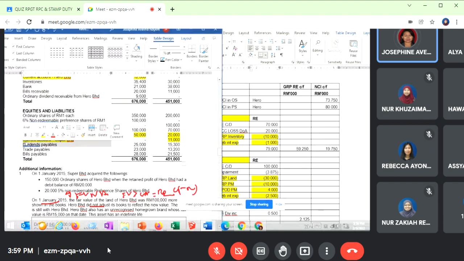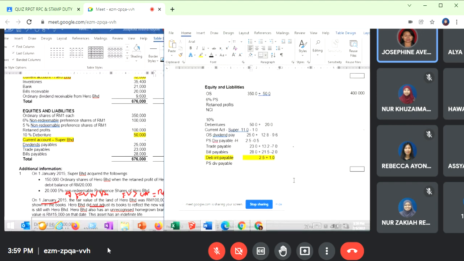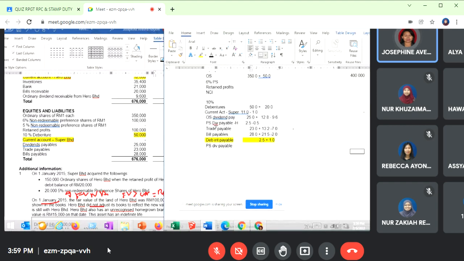It says included in this dividend payable is actually preference dividend by Hero. So we have to split. If you look at my solution here, you will see that the dividends are already split into ordinary as well as preference, not of the parent, but only of the subsidiary.